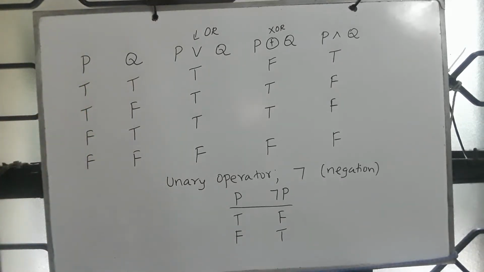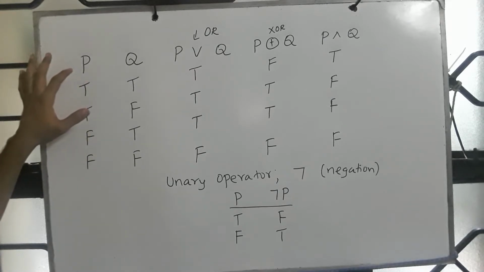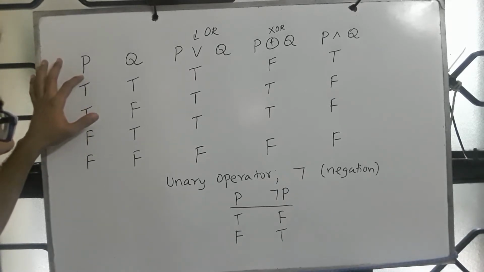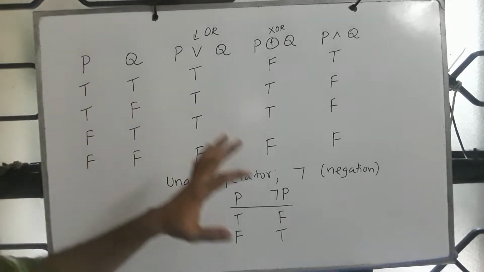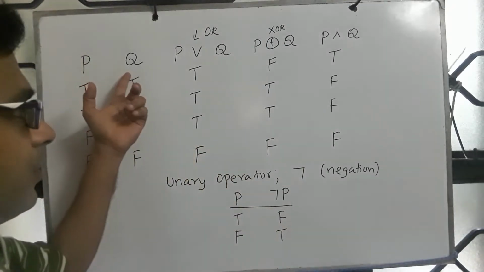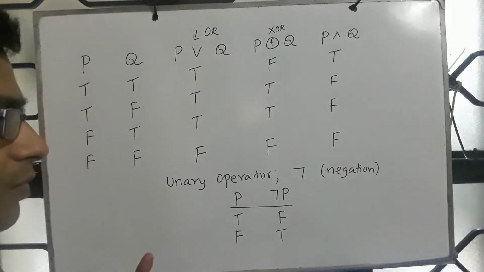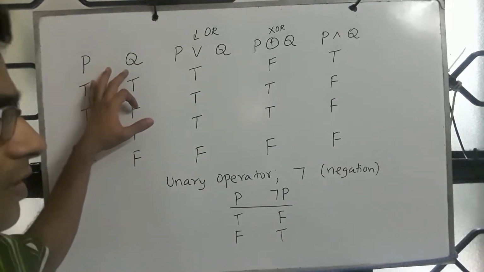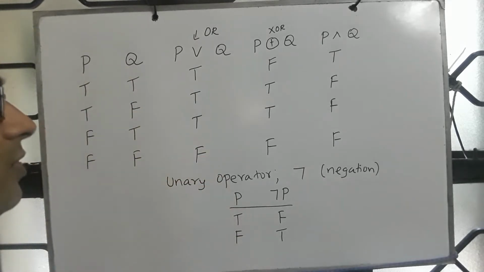Now, the context could be anything. So we are not interested in the exact instantiation of P. Does P refer to the statement 2 plus 3 equals 6? Does Q refer to the statement Tamil Nadu is one of the premier states in the country, and things like that?